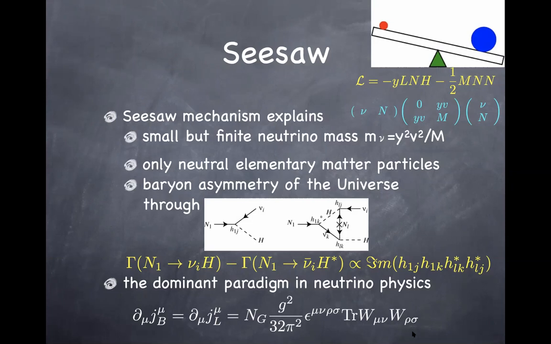The amount of non-conservation is given by the SU(2) gauge field in the standard model. But the quarks are subject to the exact same triangle diagram. So the non-conservation of baryons and the non-conservation of leptons are given by the same quantity. So if you have lepton asymmetry implanted by the decay of the heavy Majorana neutrinos, then by using this anomaly, you can change the lepton number to produce baryon number.